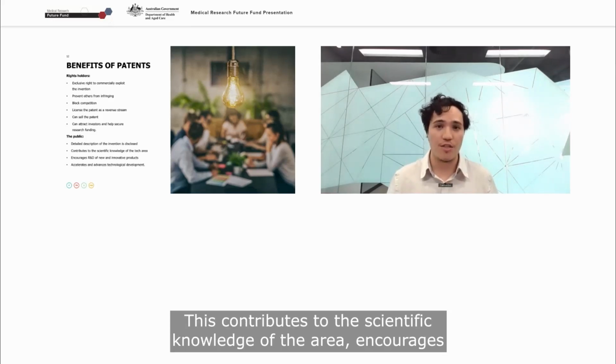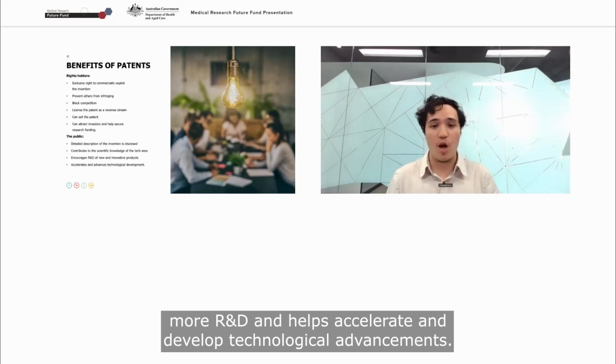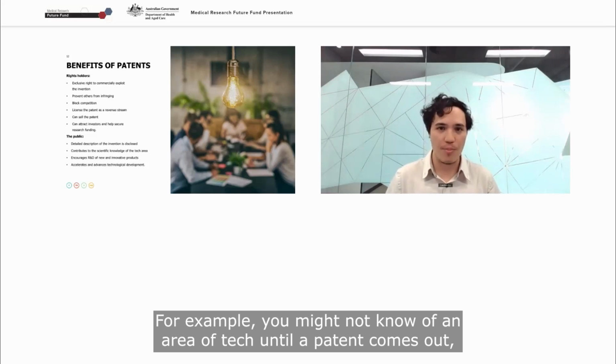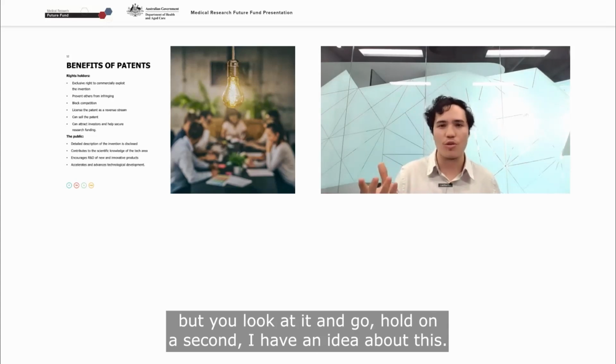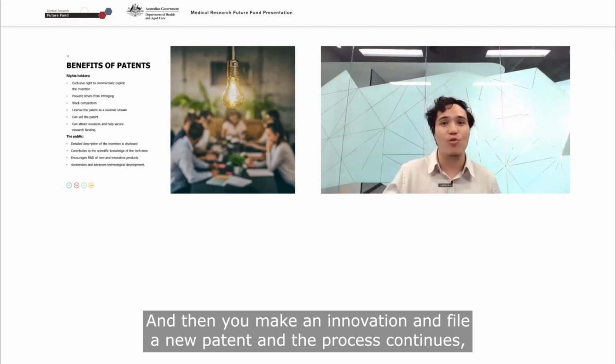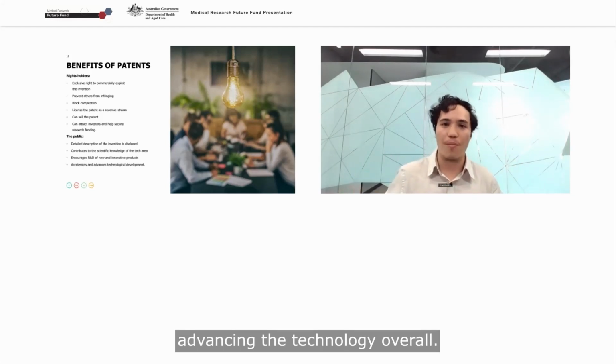This contributes to the scientific knowledge of the area, encourages more R&D, and helps accelerate and develop technological advancements. For example, you might not know of an area of tech until a patent comes out, but you look at it and go, hold on a second, I have an idea about this. And then you make an innovation and file a new patent, and the process continues, advancing the technology overall.